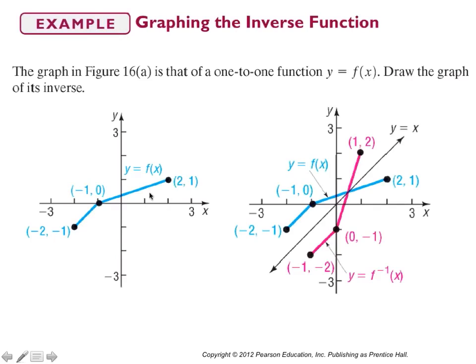So 2, 1 now becomes 1, 2, so we now have a point up here. -1, 0 becomes 0, -1, which is this point down here. And -2, -1 becomes -1, -2, which is this point down here. And then if we just connect them all in the same fashion, you'll end up with this pink line here, which is your inverse function.